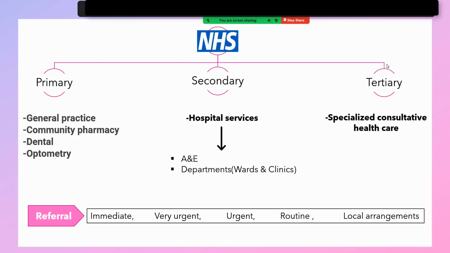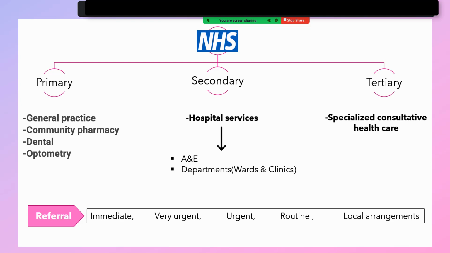Let's talk about tertiary care. In tertiary care, this is not in our scope in PLAB 2, but for your knowledge, they are specialized consultative healthcare. So these are hospitals which are specialized in specific cases. If the hospital doesn't have the facilities to do some surgeries, they can refer the patient to these hospitals, like cardiology surgeries and neurosurgeries.